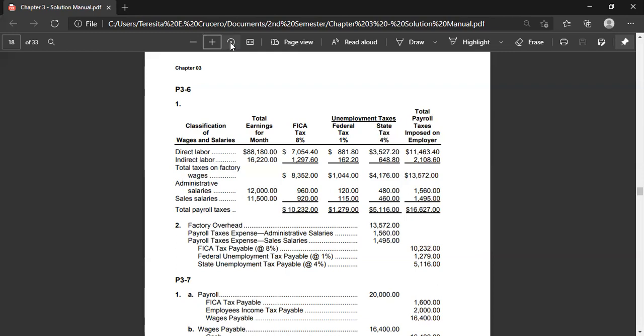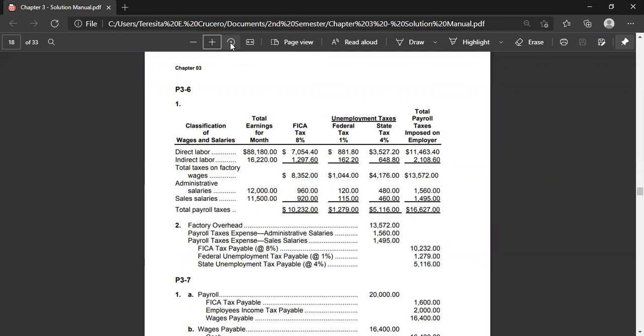Payroll taxes for administrative, we have 1,560, and for sales salaries, that's an amount of 1,495. So you can simply add or you get the amounts here.